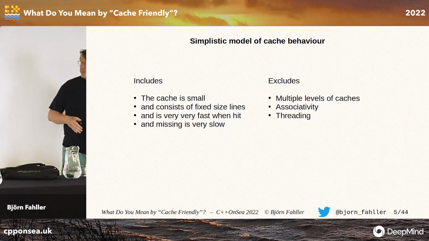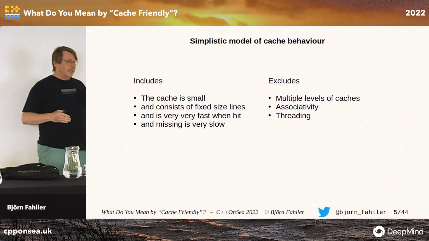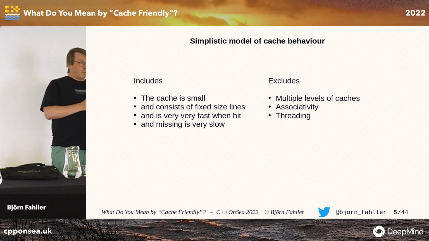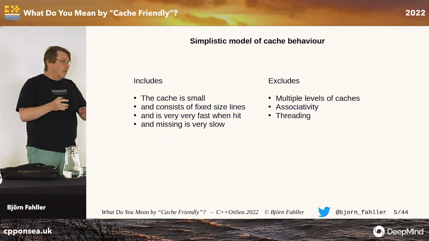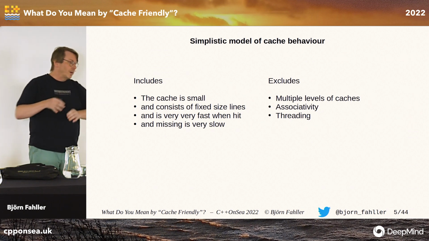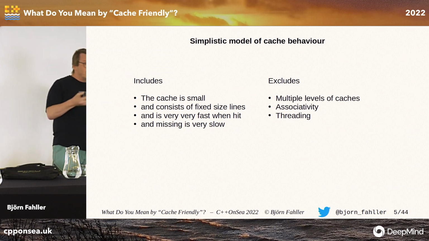I'm also not going to mention much about threading other than, as I mentioned with the cache hierarchies, you typically have a level 1 cache per CPU core. And when you have threading, if you communicate information across threads, one thread writes to memory on its core, and another core must see that change, so it must transfer the information from the level 1 cache on one core to the level 1 cache on another core, and that is expensive, it costs.